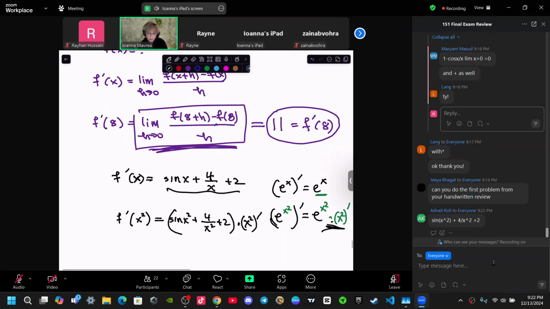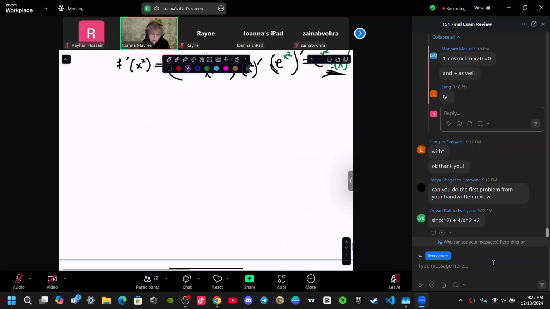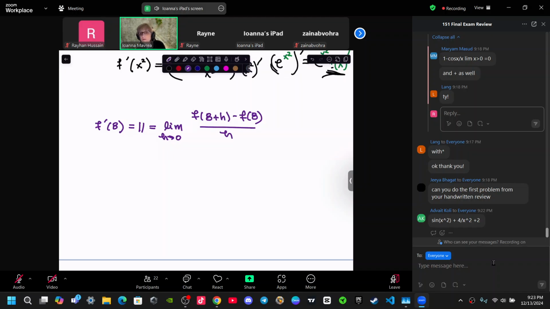So why do we bother with this? Because they're telling you here the derivative at 8 is equal to 11. And that derivative we know is equal to the limit. But they're also telling you, okay, let's pretend that I have a different function, and this is the function f of x to the third. Okay.